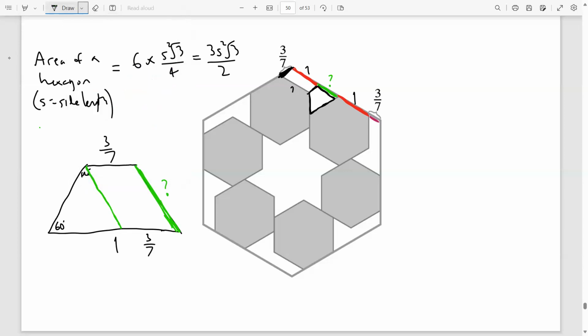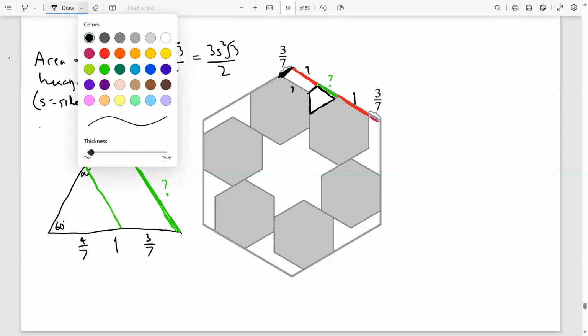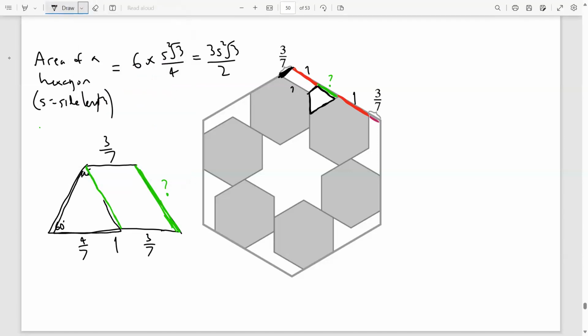So 3/7, 4/7. And now, because this triangle is equilateral, we can now deduce that the remaining segments of this trapezoid are going to be 4/7. So therefore, the length of the green segment is 4/7.